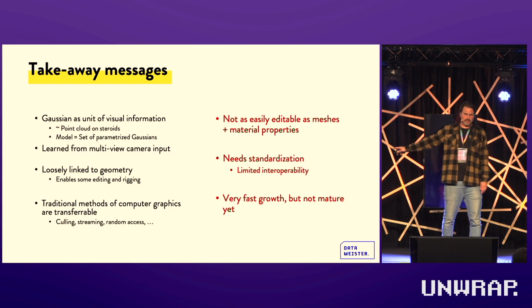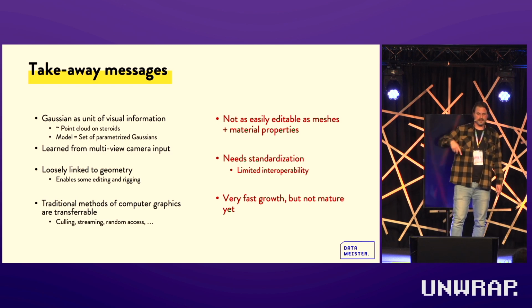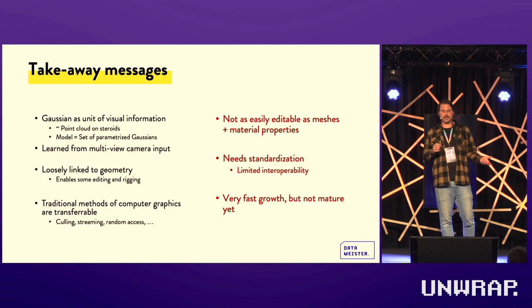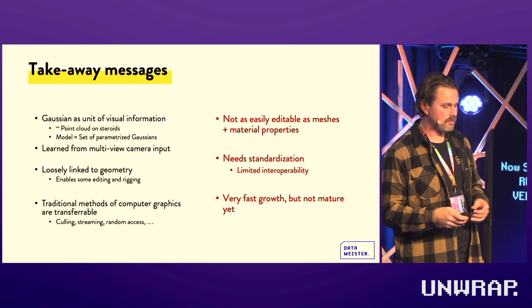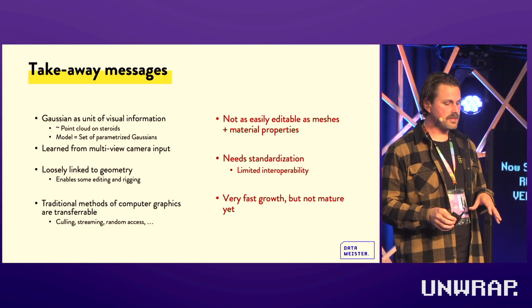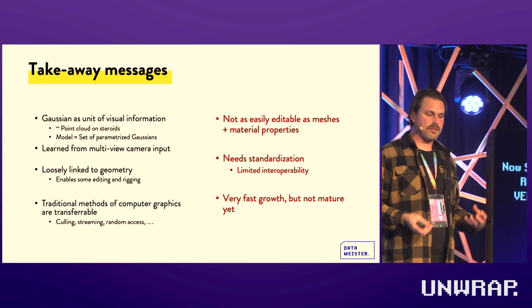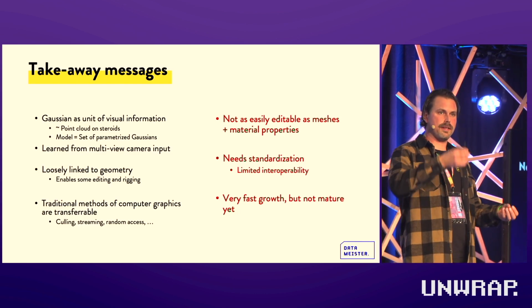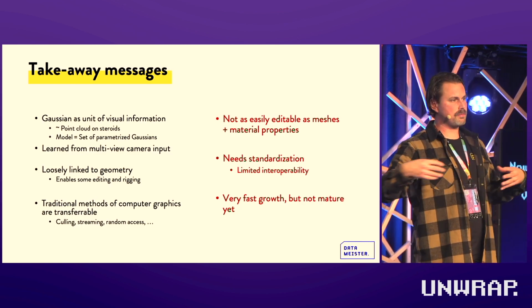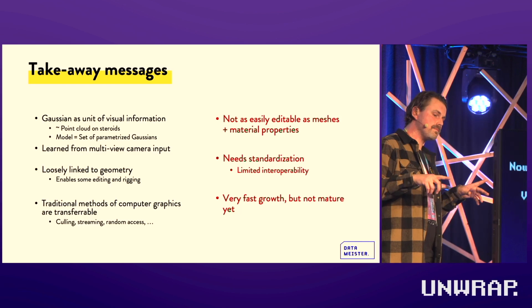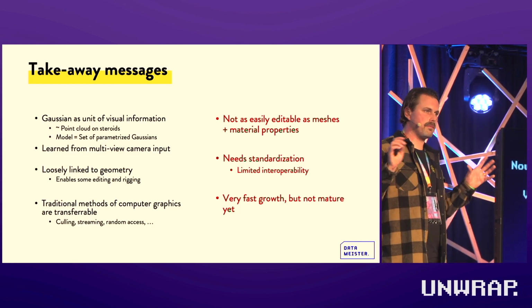Takeaway messages for you guys, not for me, I know this. You have the Gaussian as a unit of visual information. Think of it as a point cloud on steroids. The model, the thing that you transmit and store, is just a set of parameterized Gaussians. They have a location in space, a spatial extent, and some parameters that define the color. It is learned from multi-view camera input.